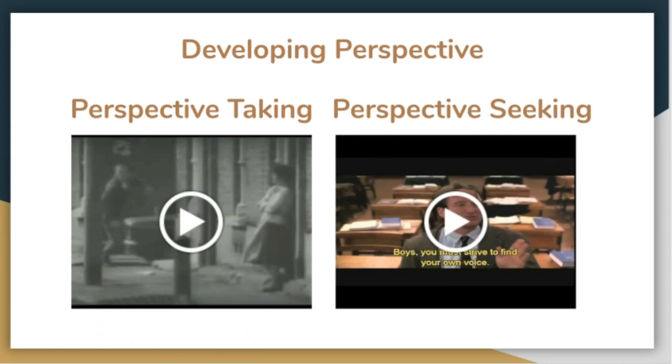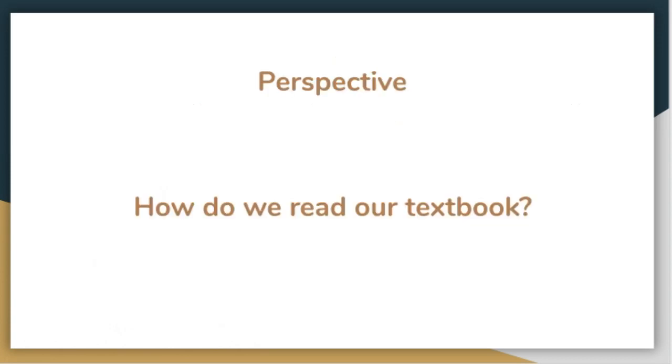The second video clip can also help consider ways to do this. Once you've done this and considered the concepts around perspective, consider what perspective you want to try and read our textbook with. You can change different ways of reading to challenge yourself as well.